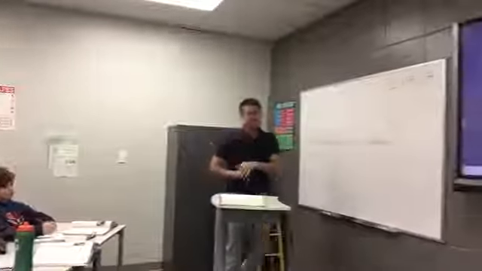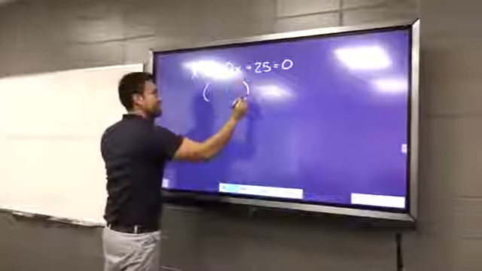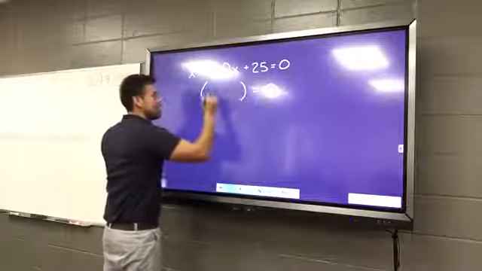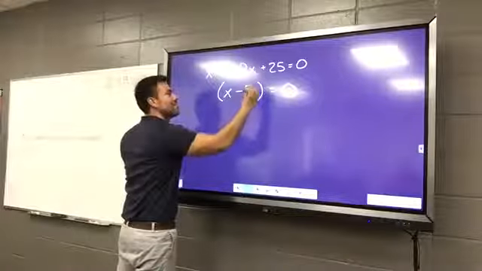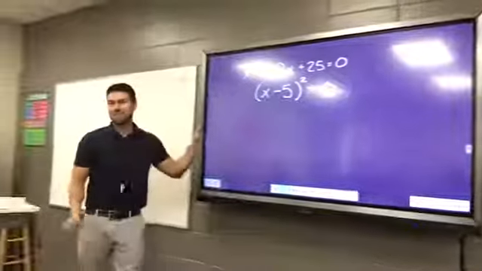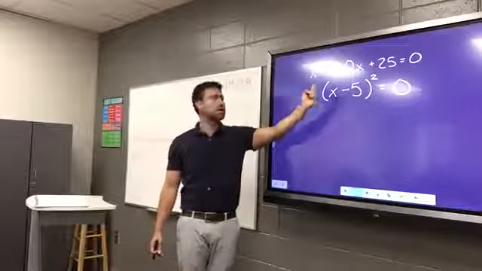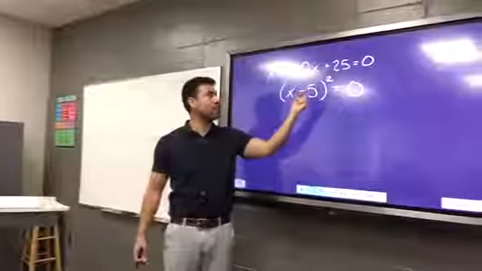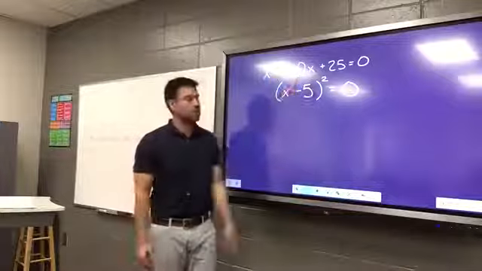Yeah, which means you can factor it immediately. It's going to be x plus 5, or minus 5. Remember that perfect square? What's the square root of x squared? It's x. What's the square root of 25? 5. And why do I put a minus? Because it's minus 10x.